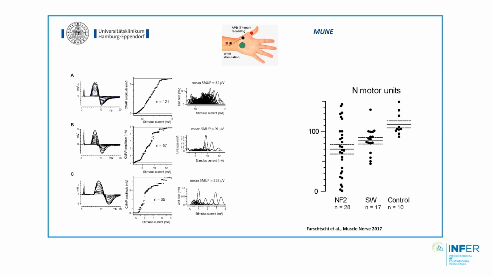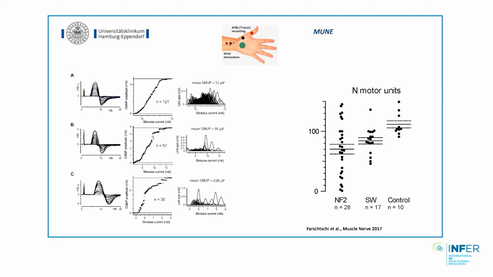In C, a neuropathic condition in NF2, the size of the biggest motor unit is almost 10 times its size. Due to axonal sprouting, the remaining motor units become bigger, compensating in part for the axonal loss. In summary, this method is able to detect axonal damage far before clinical symptoms occur or even measurable by routine neurophysiology.